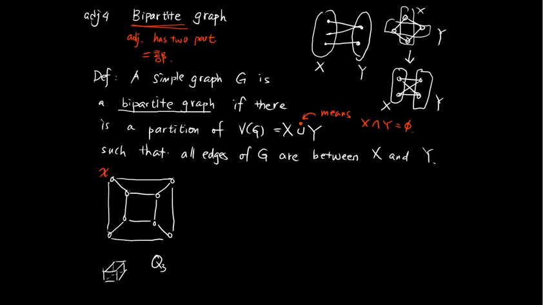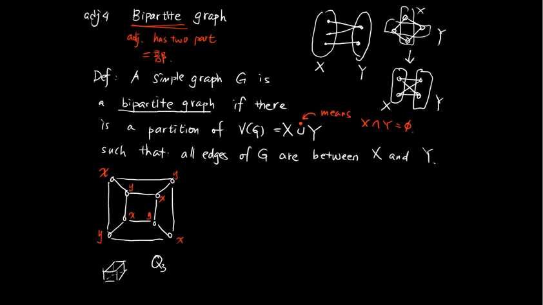Now we look at X and look at all the neighbors of X. If it is a bipartite graph, the neighbors of an X vertex are all the vertices in Y, so they are supposed to be in Y. And the neighbors of Y are going to be in X, and so on.